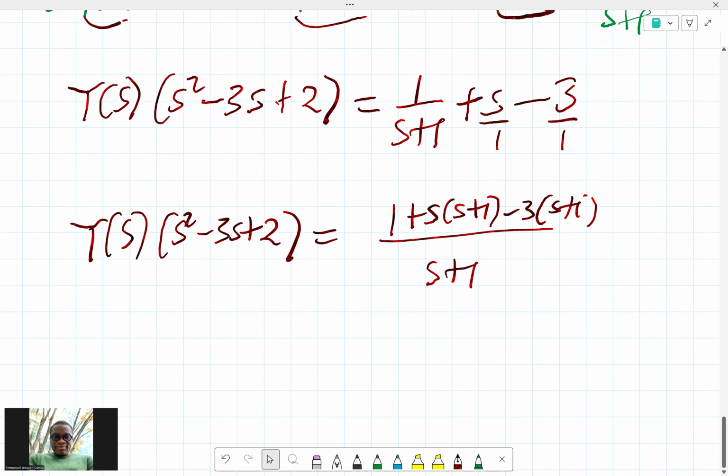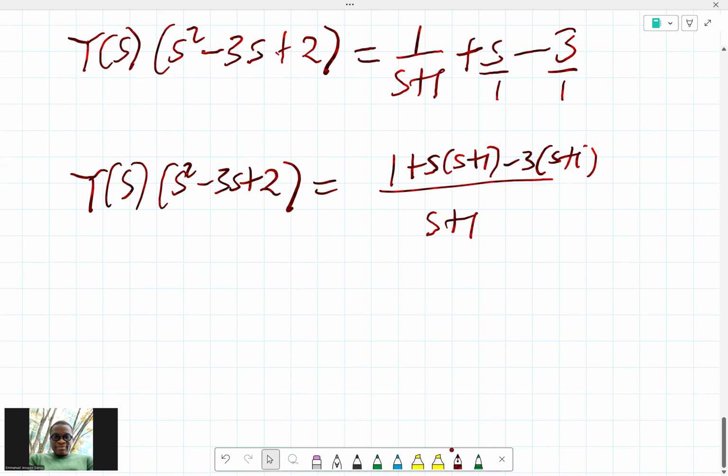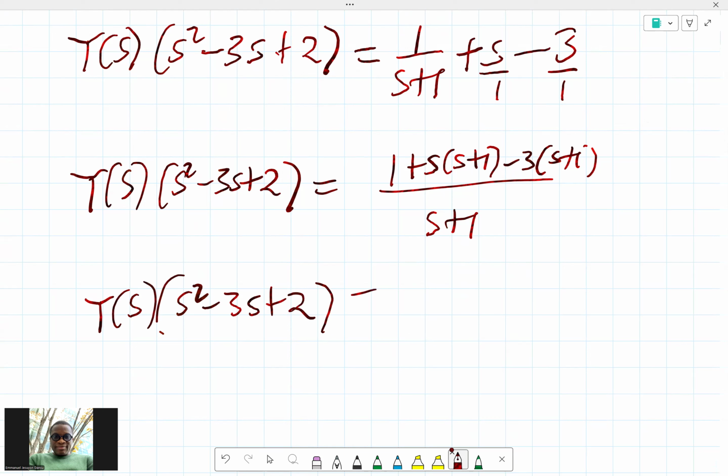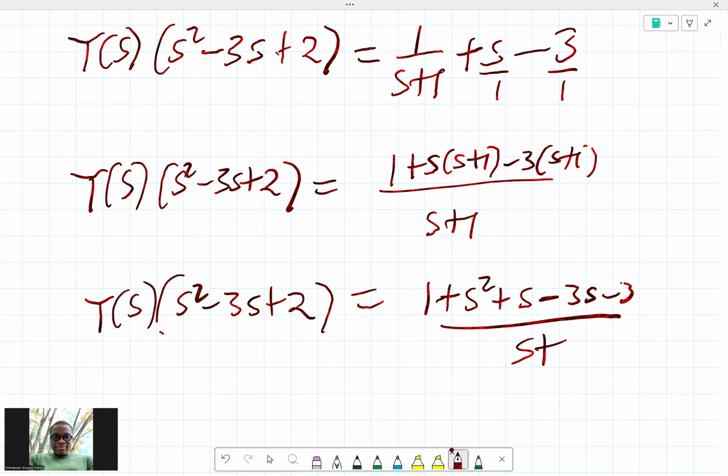So this is y of s into s squared minus 3s plus 2, and that is equal to 1 plus s squared plus s minus 3s minus 3, all over s plus 1.